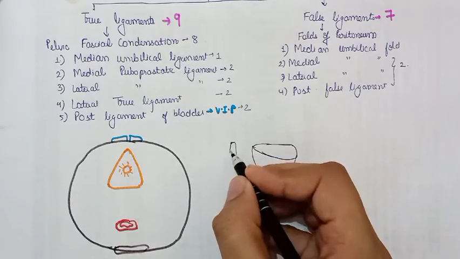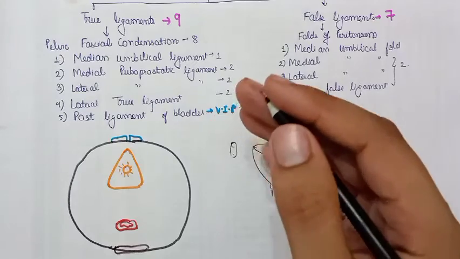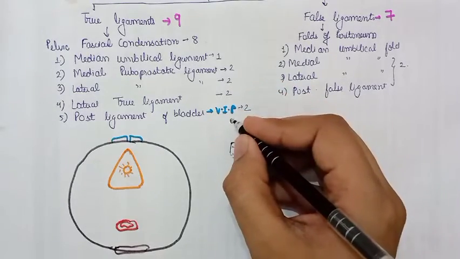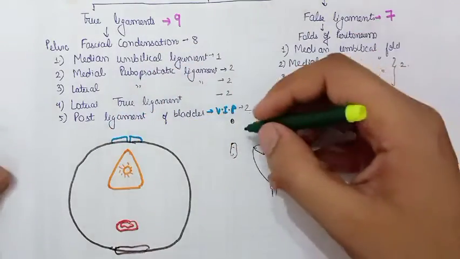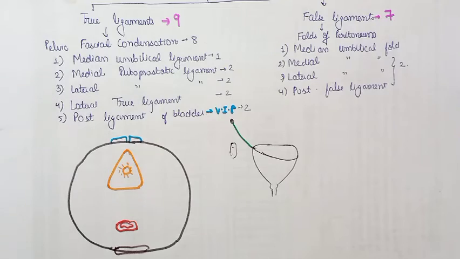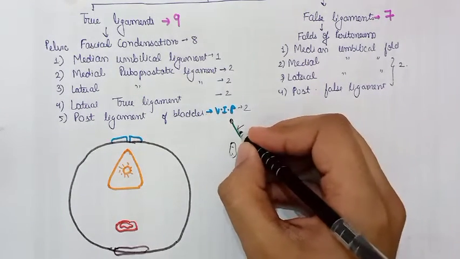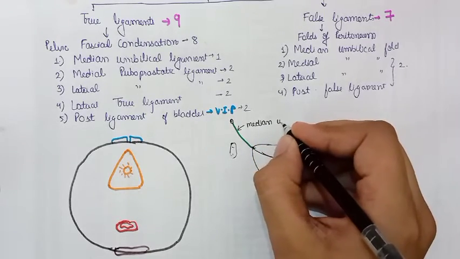So this is the pubic symphysis, and above the pubic symphysis in the anterior abdominal wall we have the umbilicus. So the median umbilical ligament attaches from the apex to the umbilicus. So this is the median umbilical ligament that we are going to talk about.